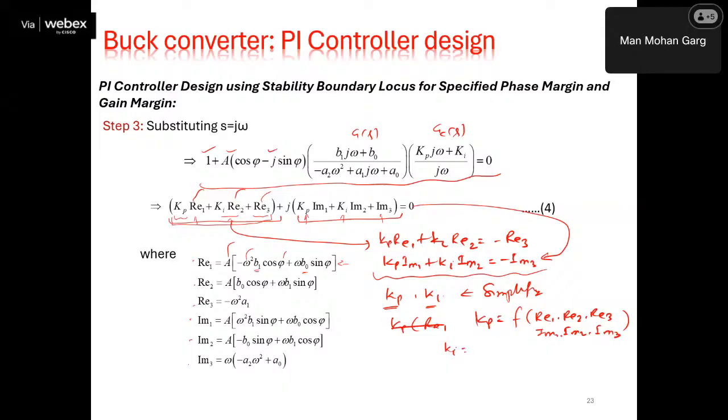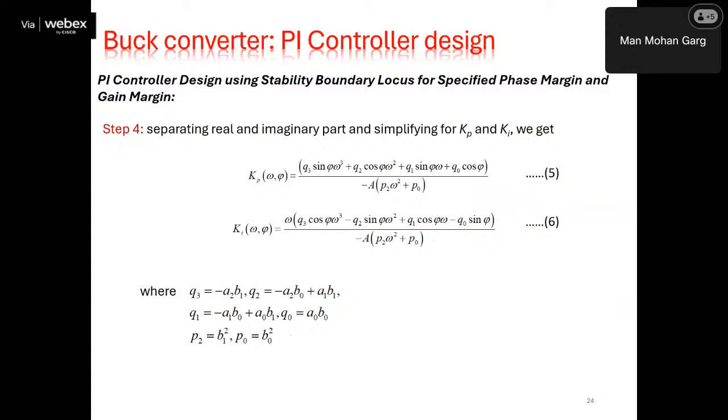Similarly, this Ki will also be a function of all these terms. Right? And we already know that Re and Im are different terms in which omega is the unknown. If we put all those things, then we get these expressions, separating real and imaginary parts and simplifying for Kp and Ki. What we get?